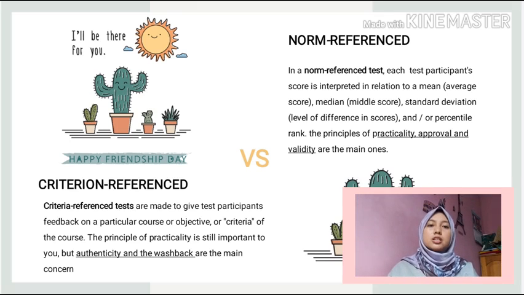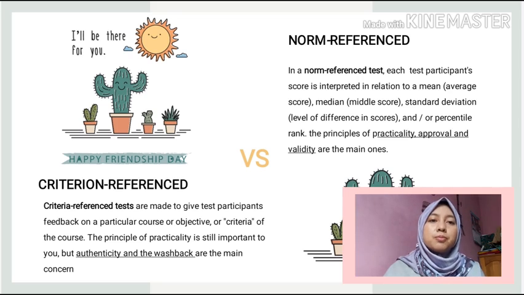And the second is criterion reference test, made to give test participants feedback in a particular course or objective. And the typical of this test is achievement test in class, only involving students in one class and connected to the curriculum.